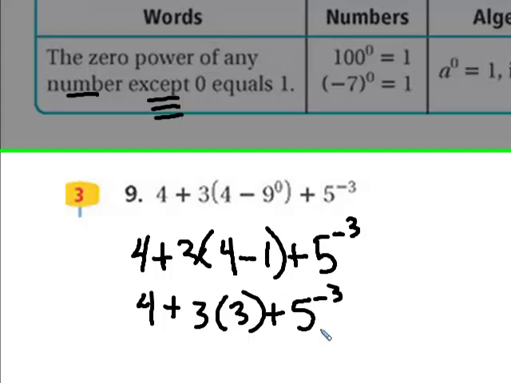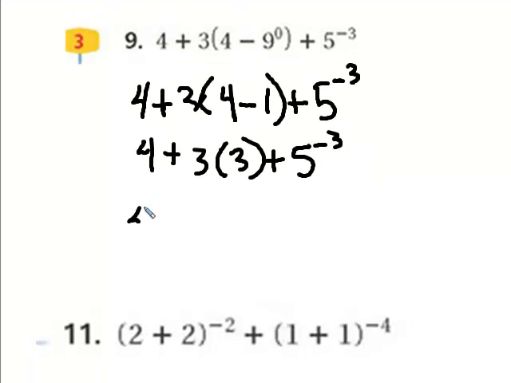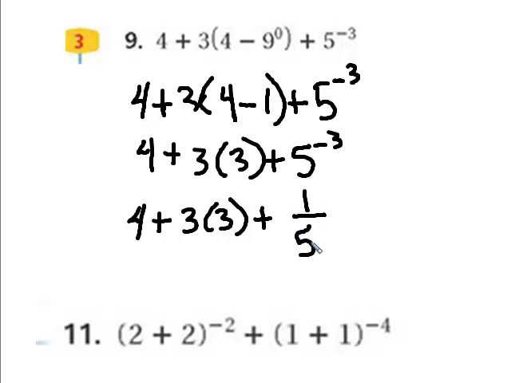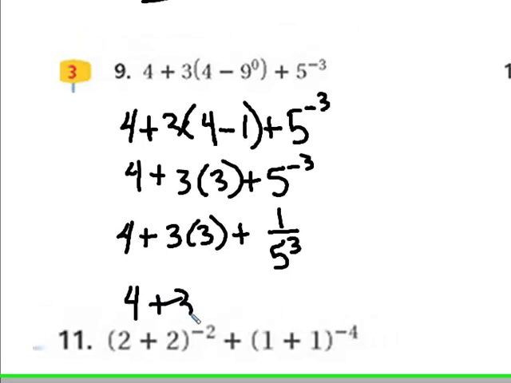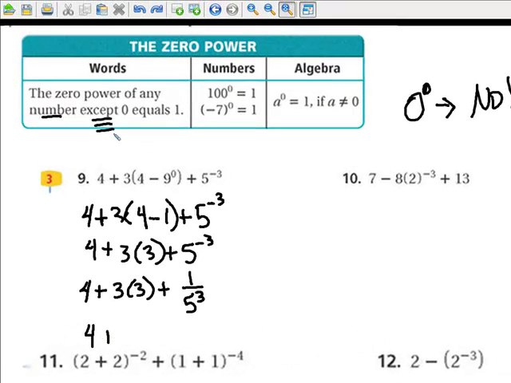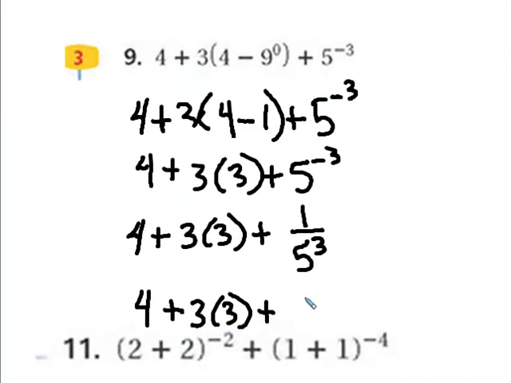Now I have exponents. Well, I do have an exponent, so I'll make it 4 plus 3 times 3 plus 1 over 5 to the positive third power. I'm still not done simplifying this because there's an exponent. So 4 plus 3 times 3 plus 1 over 5 times 5 times 5 is 125.